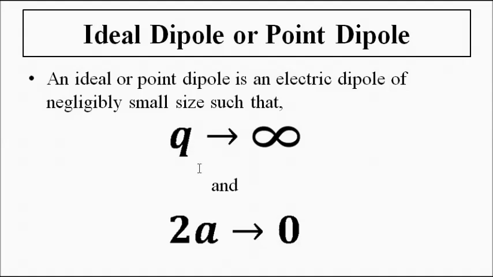So that is the definition of an ideal dipole. Okay, the separation distance is very small, almost zero, and the charge tends to infinity. Now such a dipole is just an approximation. Such a dipole never exists. Okay, it's just a concept, the ideal dipole.